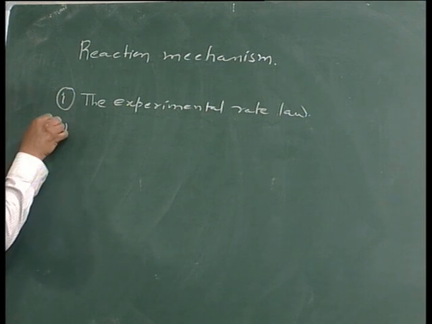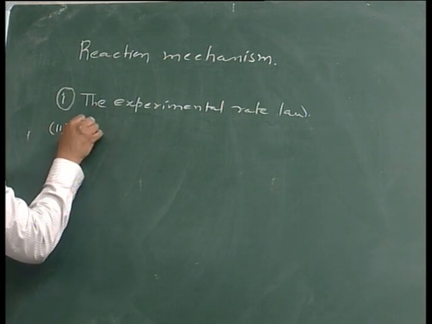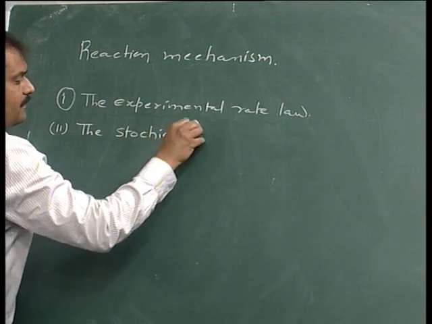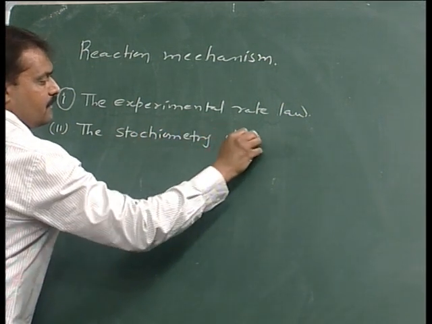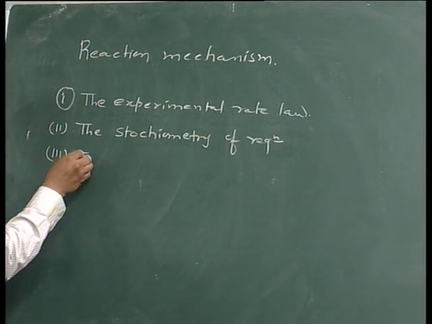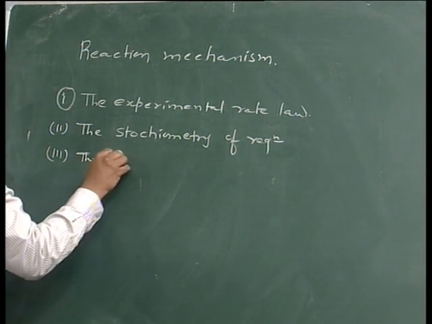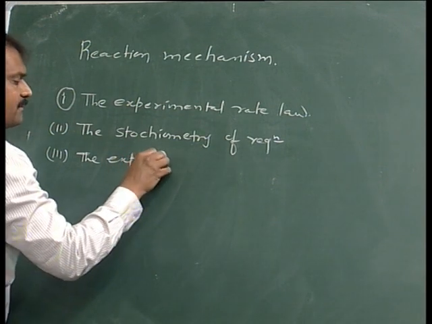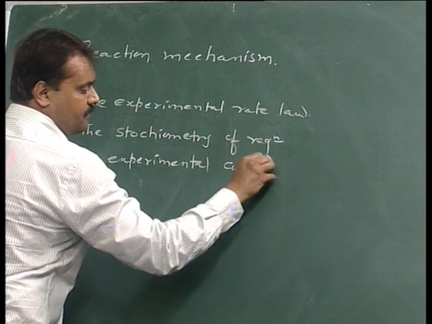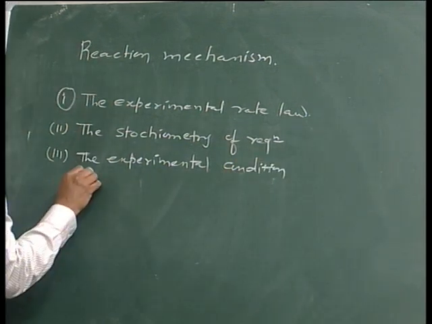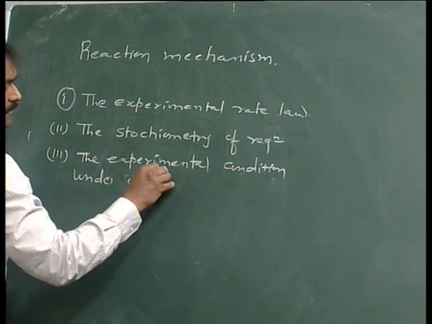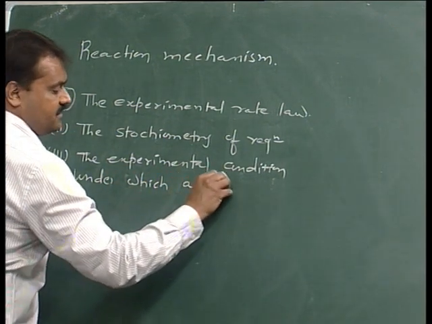The second thing is the stoichiometry of reaction. The third is the experimental condition under which a reaction proceeds.